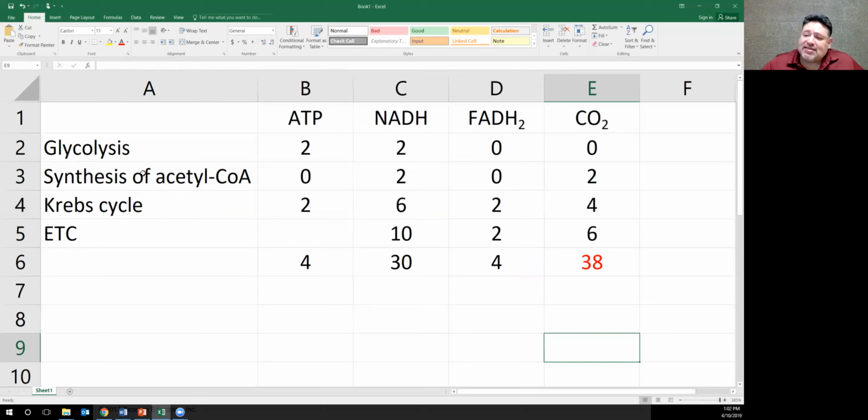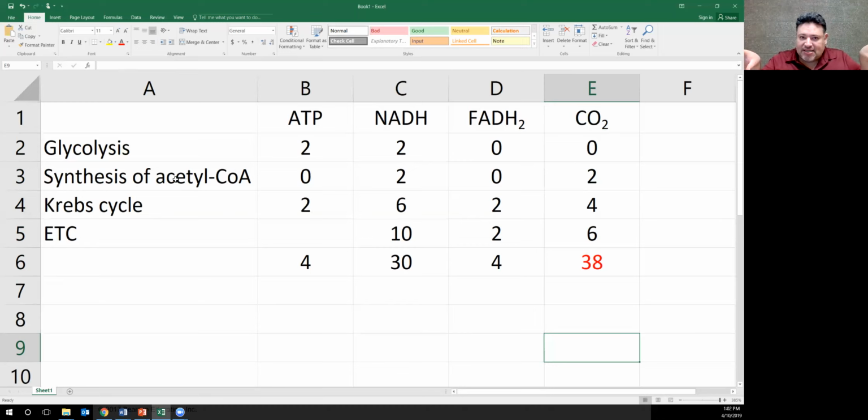What happens is that pyruvate from glycolysis is really, really big. In order to make it into the mitochondrial matrix where the Krebs cycle takes place, in other words, to do this second step here, the synthesis of acetyl-CoA, it takes a lot of effort to move that pyruvate from outside of the mitochondria through not 1, but 2 plasma membranes of the mitochondria to get into the mitochondrial matrix.